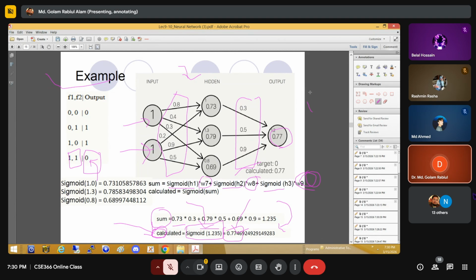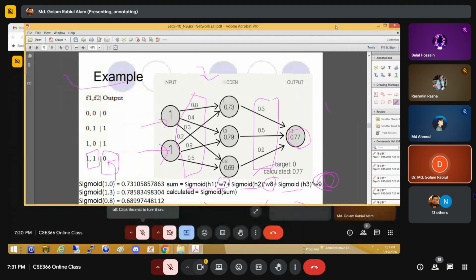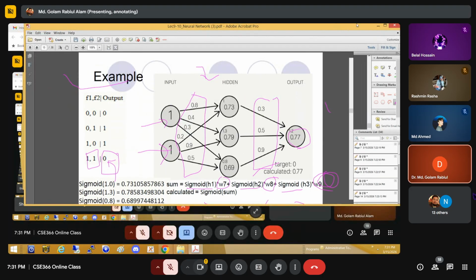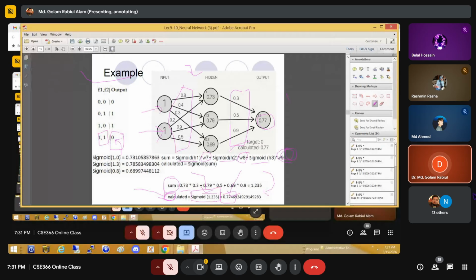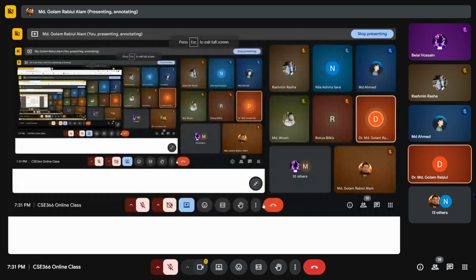So we confirm that maybe the weights we need to update, but how much change we need to do for each and every weight? Like for the W7, currently the value of W7 is 0.3. But how much change we need to do?